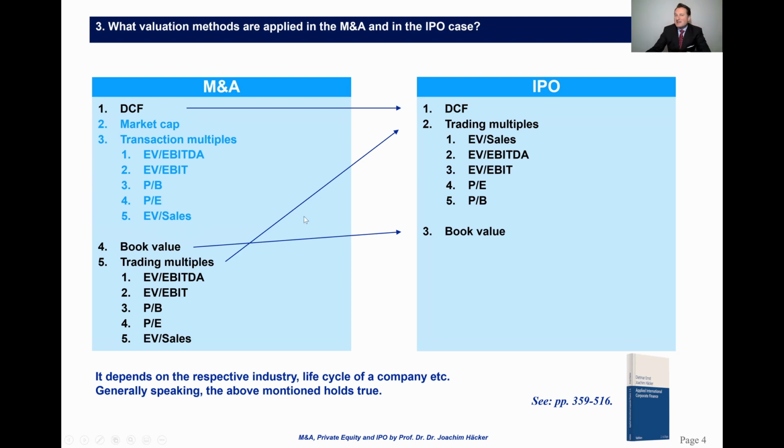And we use basically the following 5 multiples: EV/EBITDA, EV/EBIT, EV/sales, price book, price earnings. Here, there's a sort of ranking. So we usually consider the EV/EBITDA multiple to be more important than just an EV/sales or a PE multiple, because if you take a profit and loss account, sales is on top, earnings are bottom line.